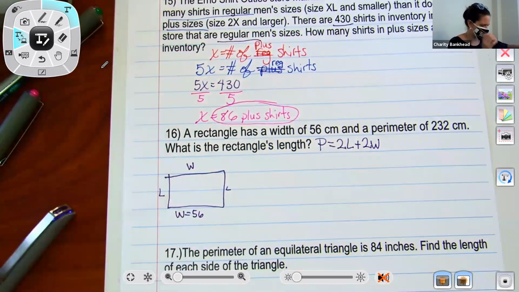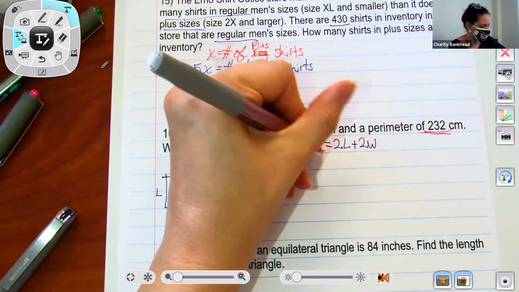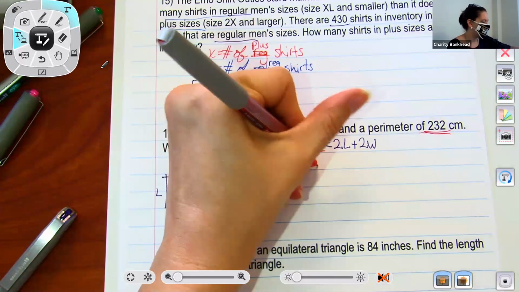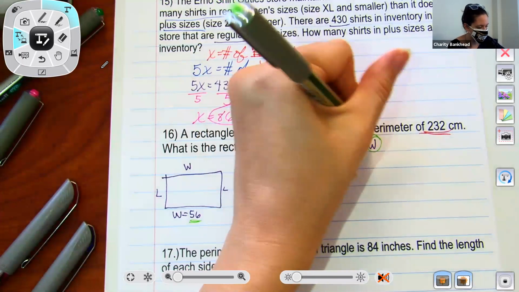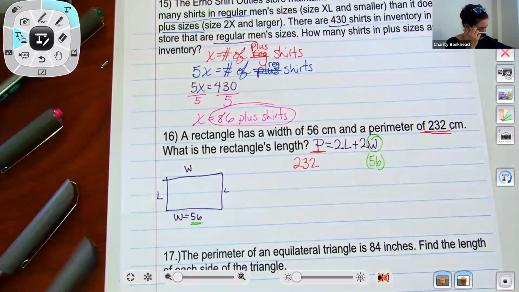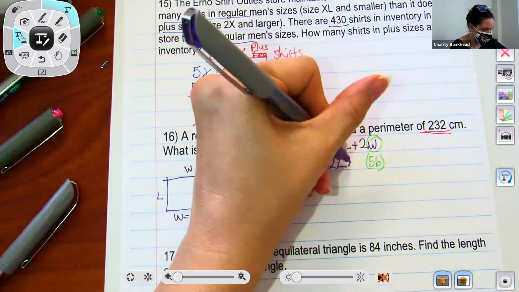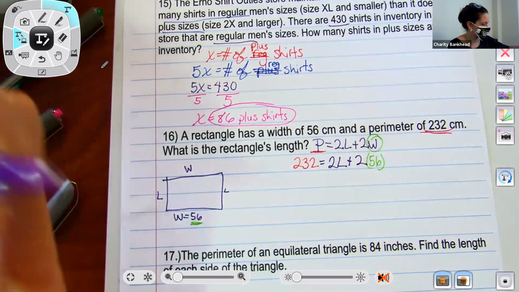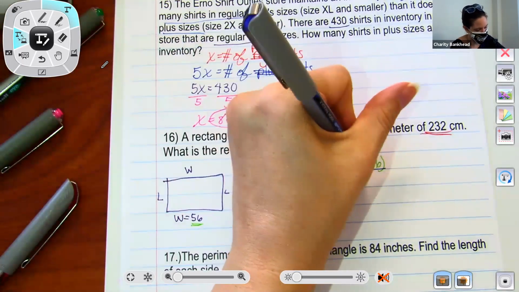And then it tells us that the perimeter is 232. And we know that the width is 56. We put 56 in place of the width. So 232 equals 2L plus 2 times 56. 2 times 56 would be 112.